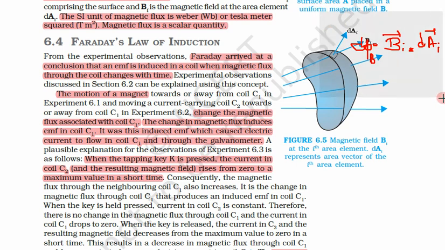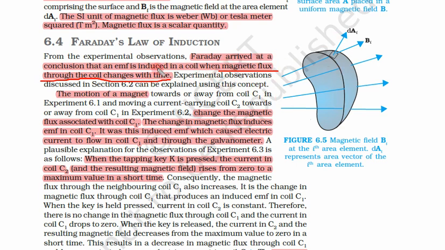Now let us see what happens. Faraday arrived at the conclusion that EMF is induced in a coil when the magnetic flux through the coil changes with time. So this is important, that the magnetic flux through the coil changes with time. What is magnetic flux? That means the lines passing through some area. So that is called magnetic flux.